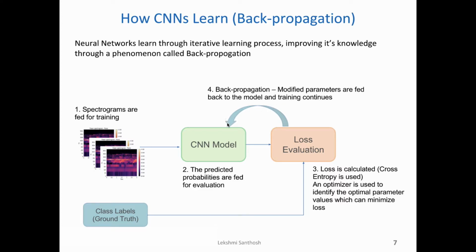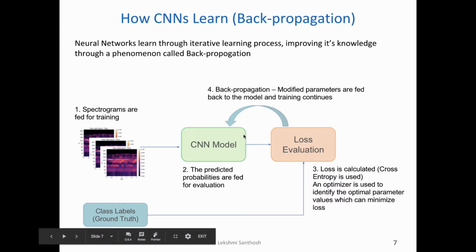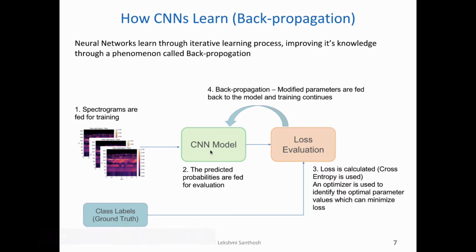The modified parameters are given back to the model, which again relearns the spectrograms with the updated parameters, and this process continues till the loss is minimized to a number close to 0. This is an iterative process.